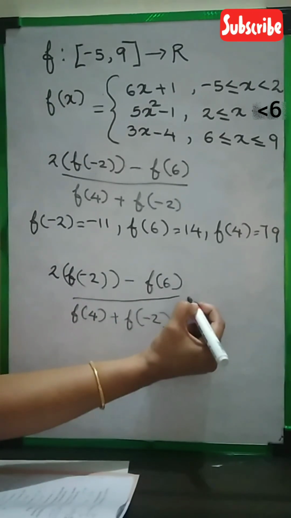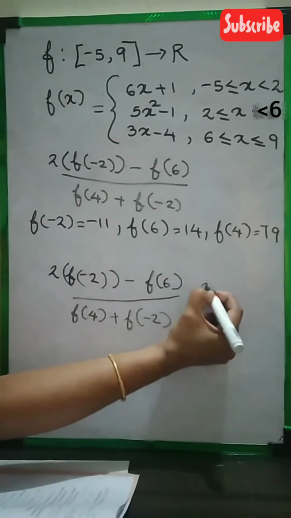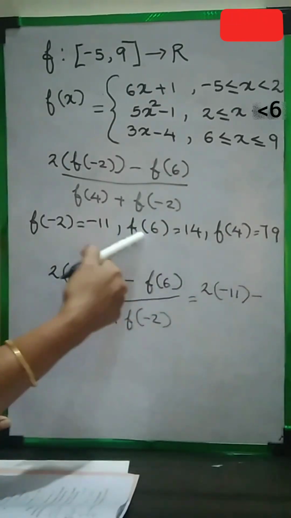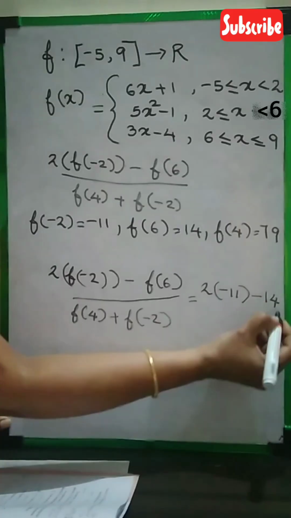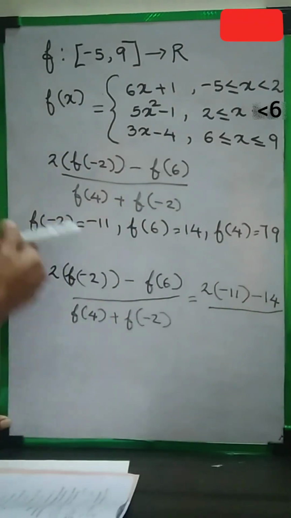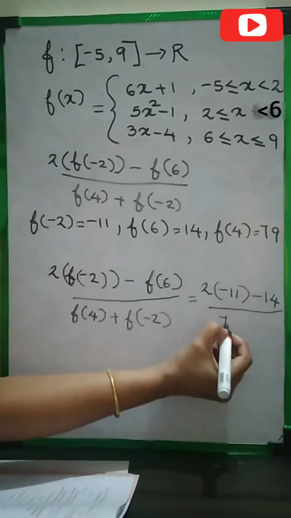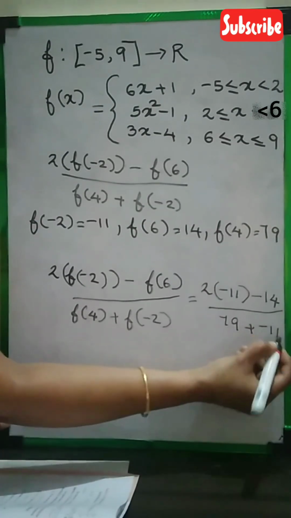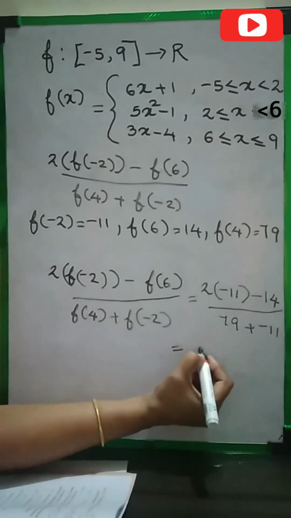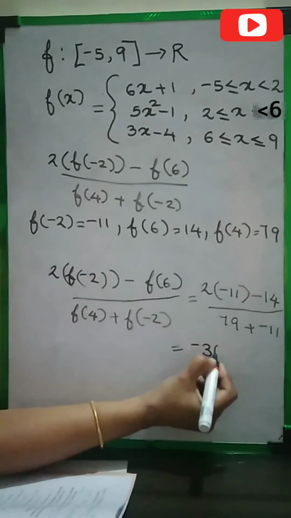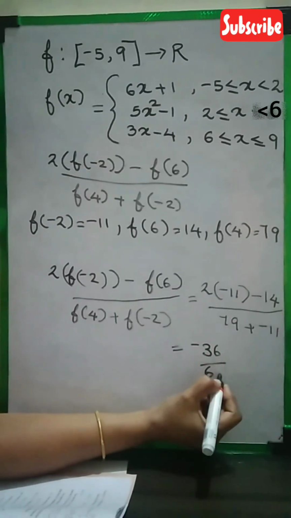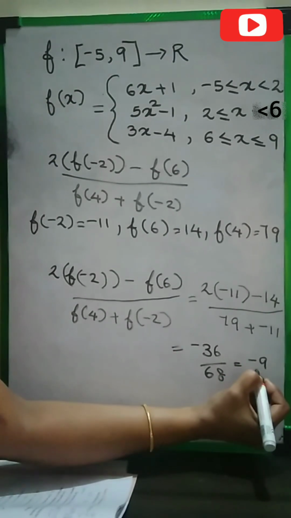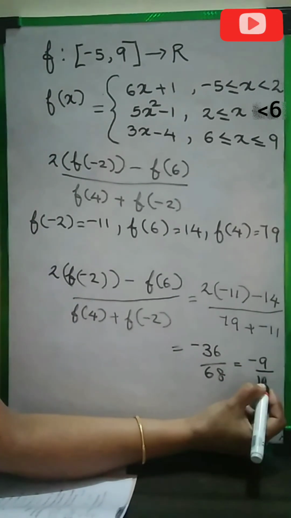That is 2 into minus 11 minus 14, whole divided by 79 plus minus 11. That is equal to minus 36 divided by 68, which is equal to minus 9 divided by 17.